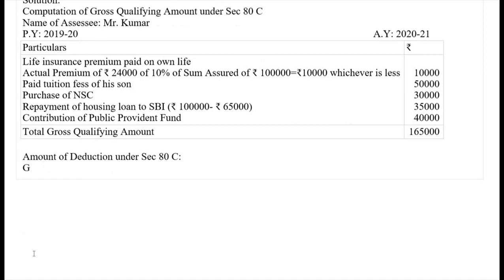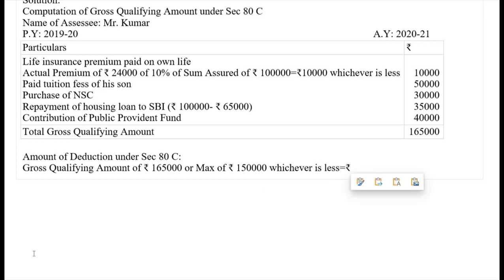So gross qualifying amount of rupees 1,65,000 or a maximum of rupees 1,50,000, whichever is less, which equals to rupees 1,50,000.